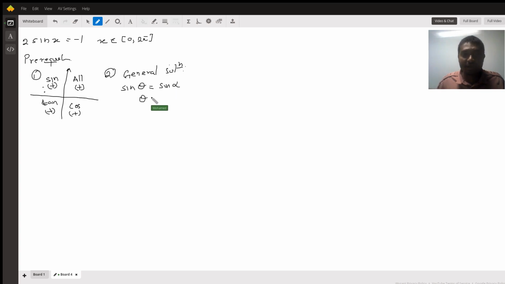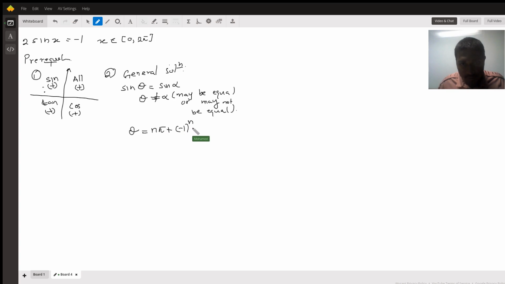Then theta may or may not be equal to alpha, we do not know. So the theta value will have multiple values, not just one value, and all of those values are given by n pi plus -1 to the power of n times alpha.